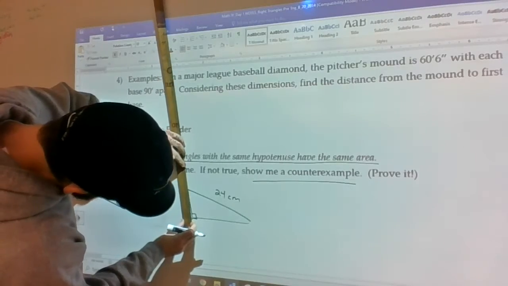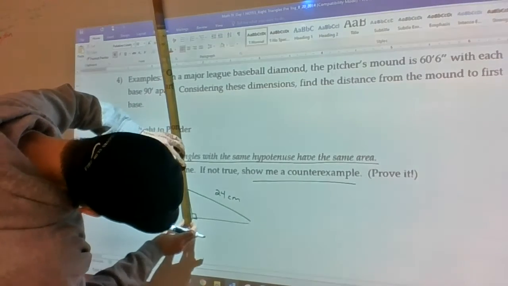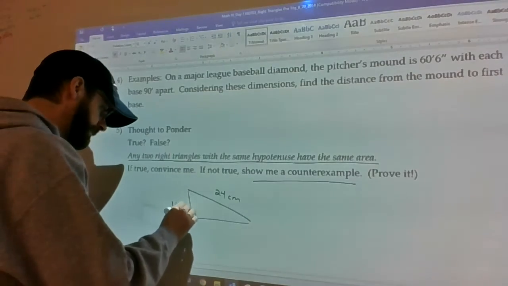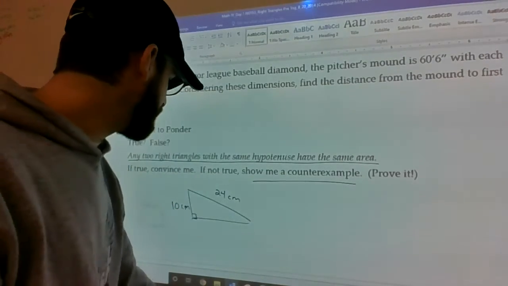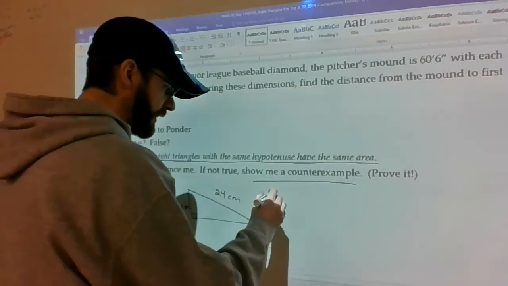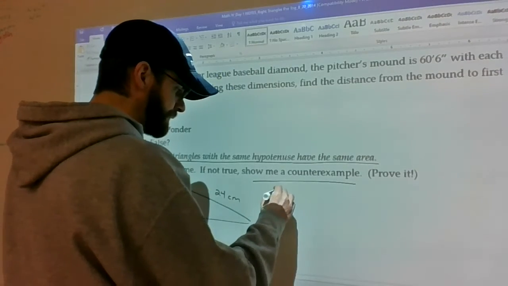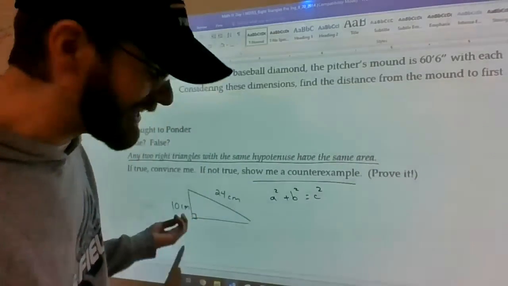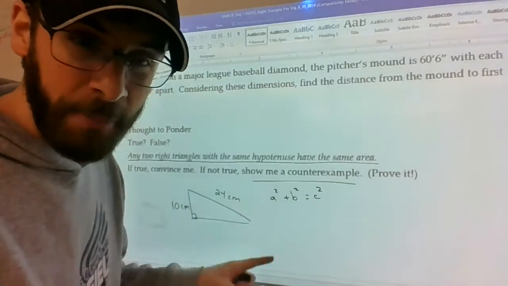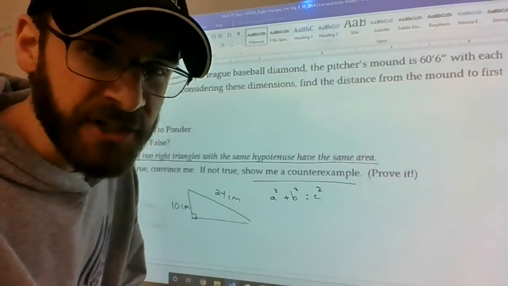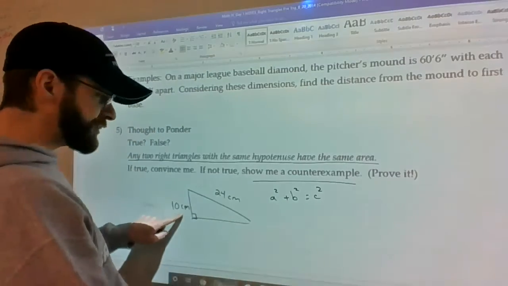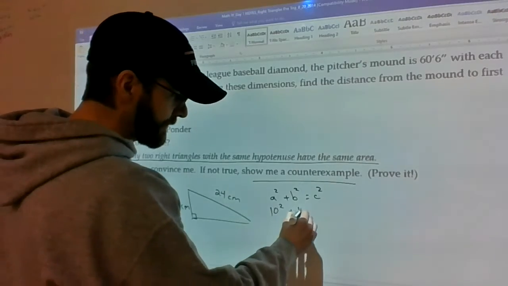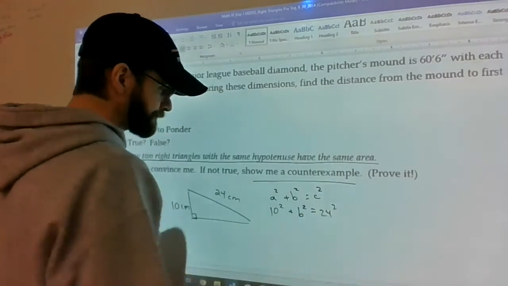For its height, we've got 10 centimeters. And I can find the third side by just doing the Pythagorean theorem. I'm not measuring the third side because I know it's not a perfect right triangle, but the Pythagorean theorem will achieve perfection for us. So a squared plus b squared equals c squared.